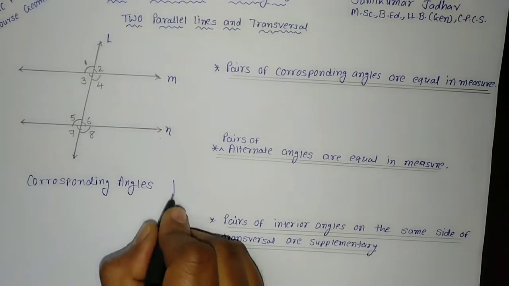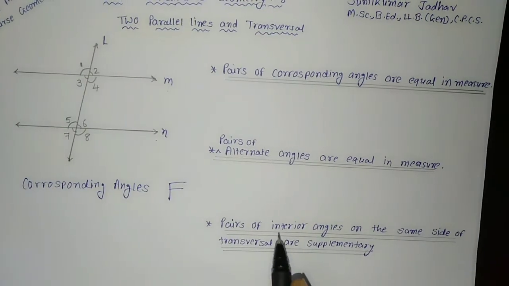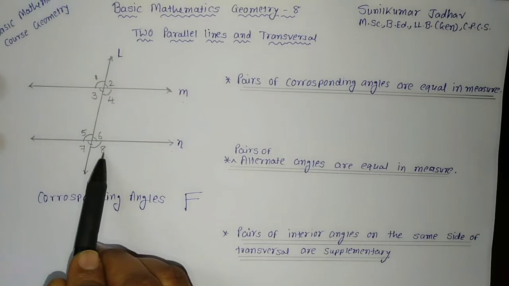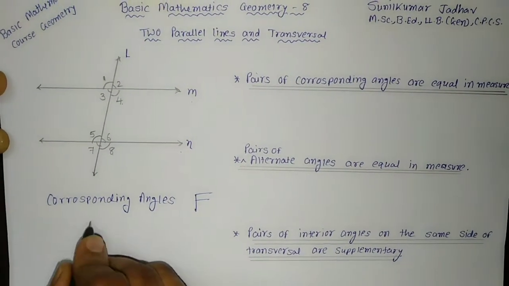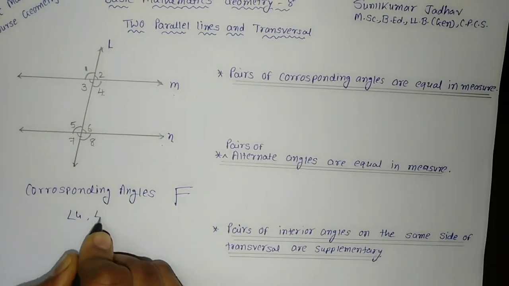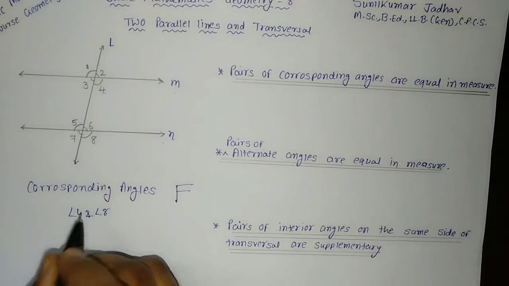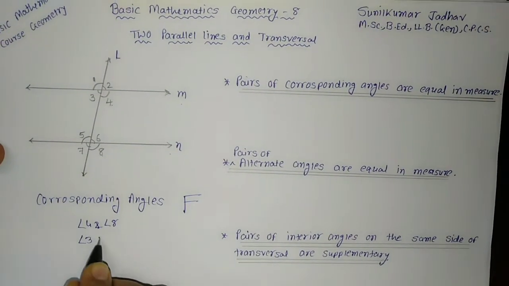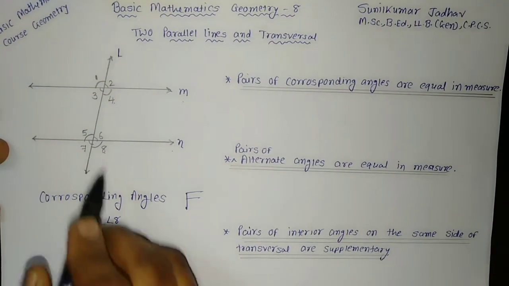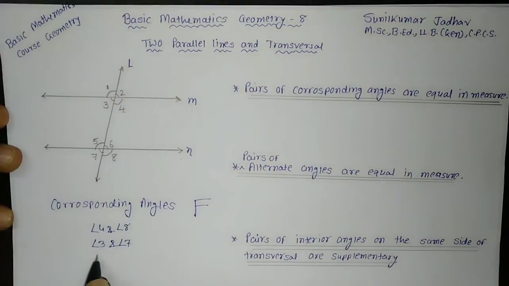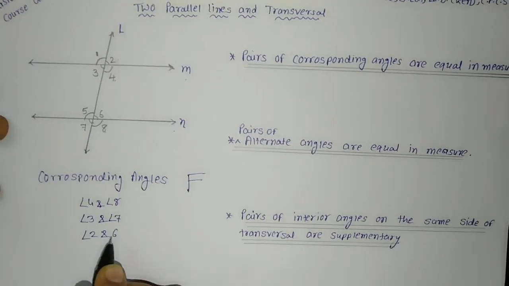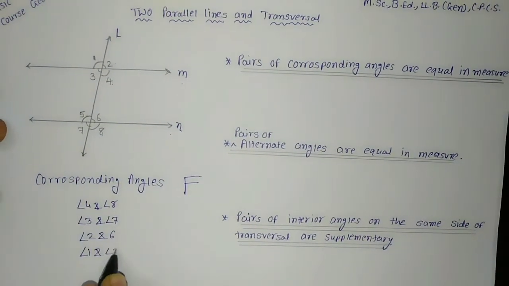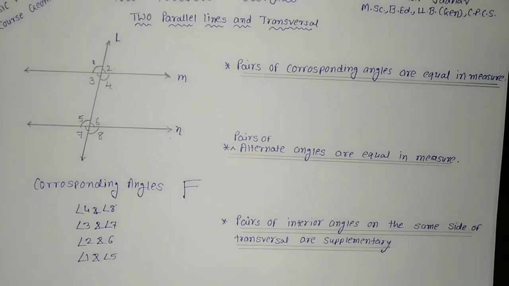In corresponding angles, I told you to look for the F. Here you can see it forms the F. So angle 4 and angle 8 are corresponding angles. Similarly, here F is forming angle 3 and angle 7, here angle 2 and angle 6, and here angle 1 and angle 5. Its detail is given in the earlier video, that is Part 7.